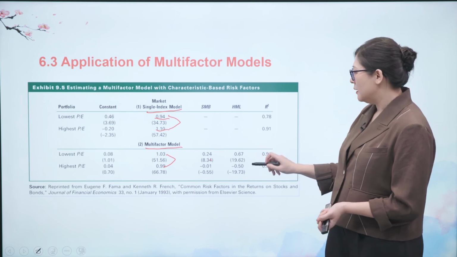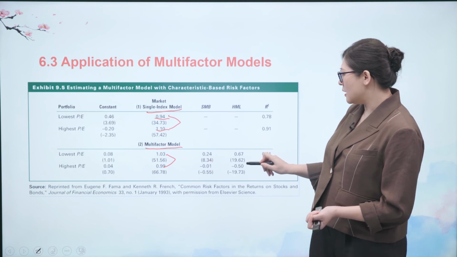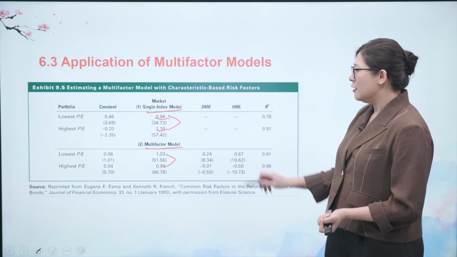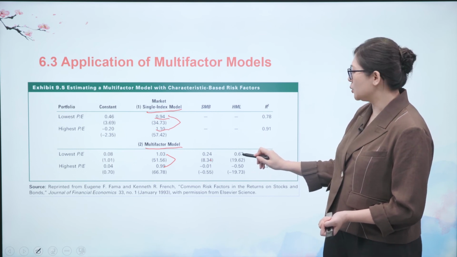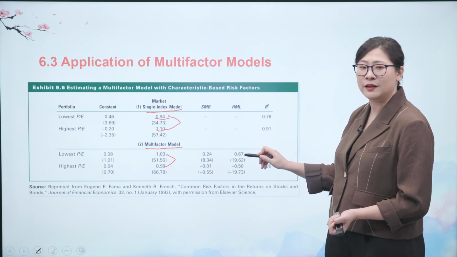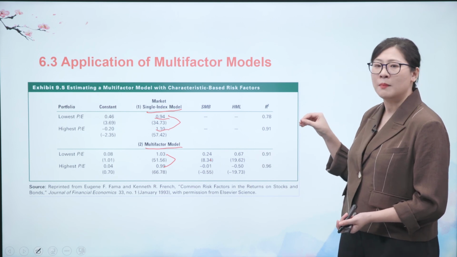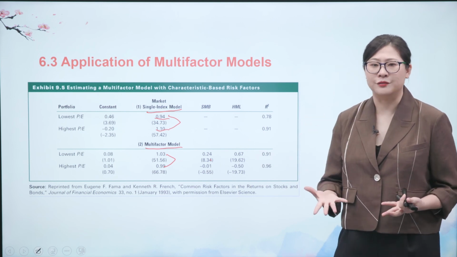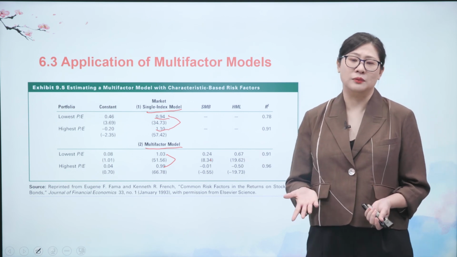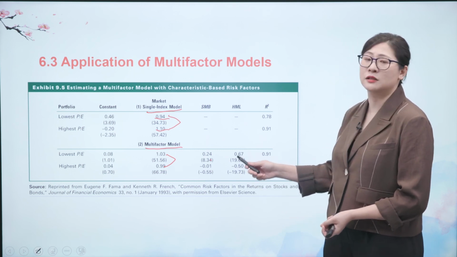And let's have a look at the HML. This is for the high book to market ratio, and both of the coefficients are significant. For the lowest PE group, the HML is 0.67, which means a high book to market ratio gives a higher return, and it's consistent with our results. But for the highest PE ratio group, it is the opposite result here.